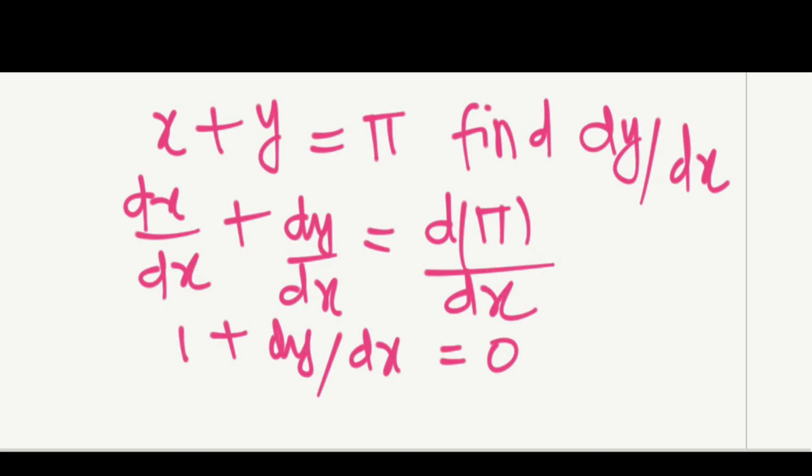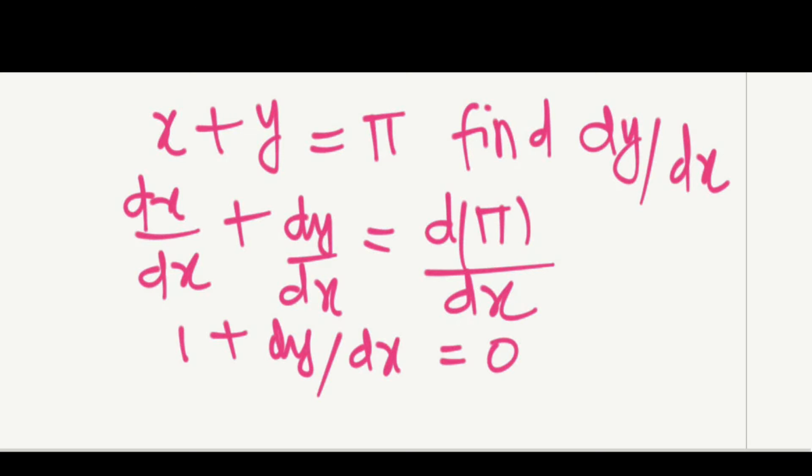Now solution, on the left side we have x, so we write derivative of x with respect to x, that is dx upon dx, plus derivative of y with respect to x, that is dy by dx, equals derivative of pi with respect to x, that is d pi by dx.